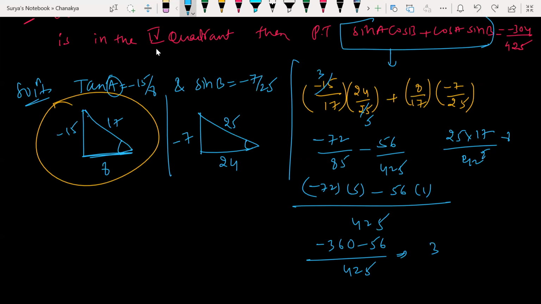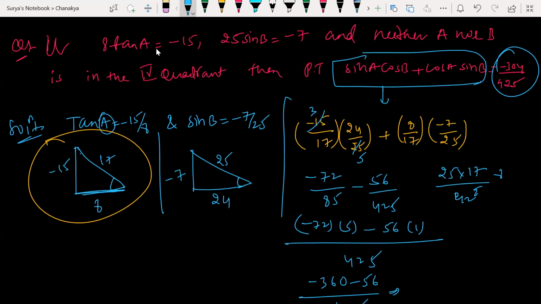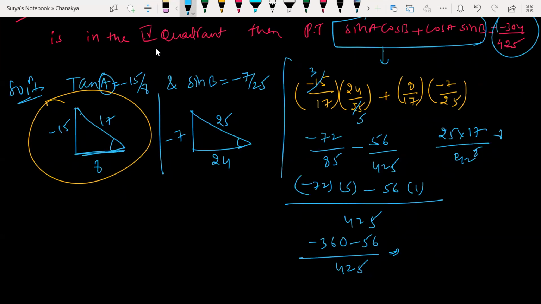We should prove that. Then the sign should be plus; 56 should be plus, then only we will get 304. Somewhere we made a calculation mistake. Guys, check where we missed a plus.